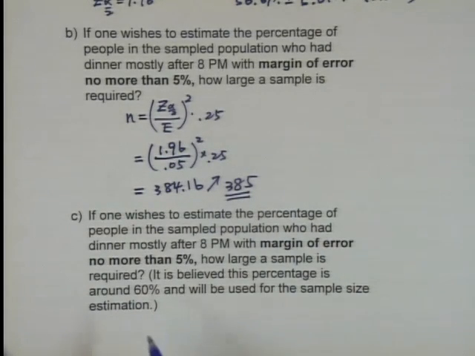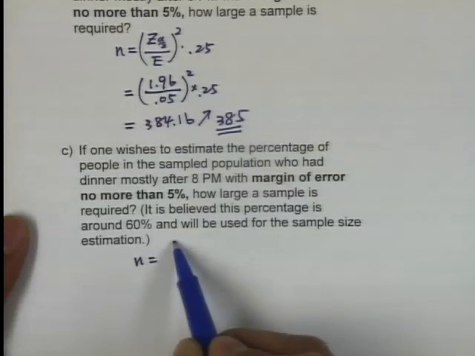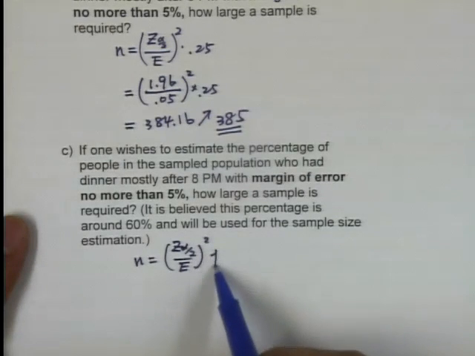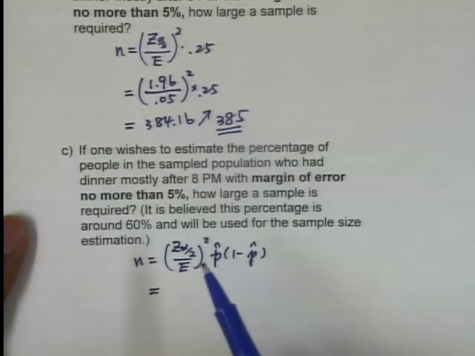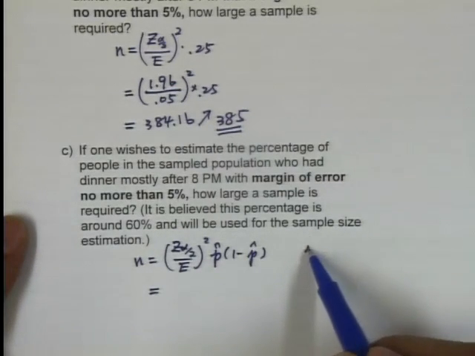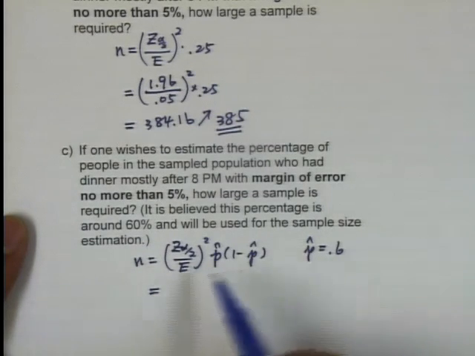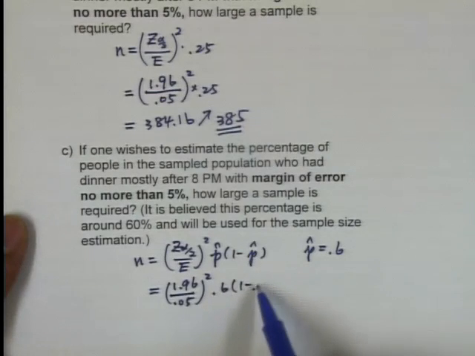Now, if I do have some prior knowledge about the proportion, like in this next problem, then I will just use the second version of the formula. Z-score over margin of error, squared, times p-hat times (1 minus p-hat). You know what p-hat is. P-hat here is what is given, 60%, prior knowledge. So 1.96 divided by 0.05, the z-score divided by the margin of error, squared, times 0.6 times (1 minus 0.6).